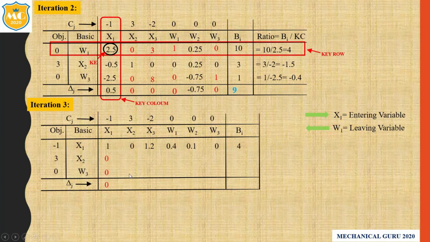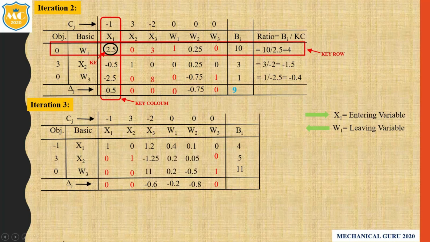Next x2 is 0 1 0 0. w3, so here 0 0 1 0. Clear? Okay, same equation you have to use: new number is equal to old number minus the corresponding key row number into the corresponding key column number divided by the key element.